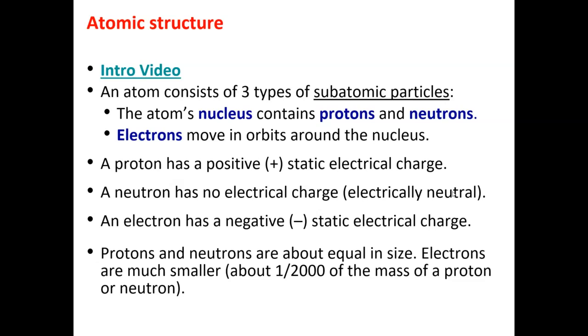So it's not like electricity flowing through a wire. It's just an electrical charge that's stuck on that electron or stuck on that proton. A proton has a positive static electric charge. An electron is negative. But a neutron has no electrical charge. We say it's electrically neutral. That's why it's called a neutron. The size of the electric charge on the proton is the same size as on an electron. They're just opposite. One's positive and one's negative.